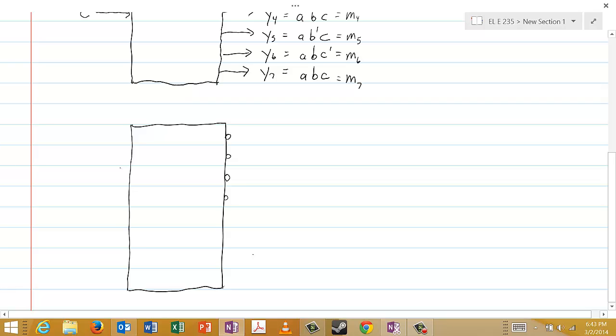If we invert each of the outputs, so we have A, B, and C as before, and a 3 to 8 line decoder.